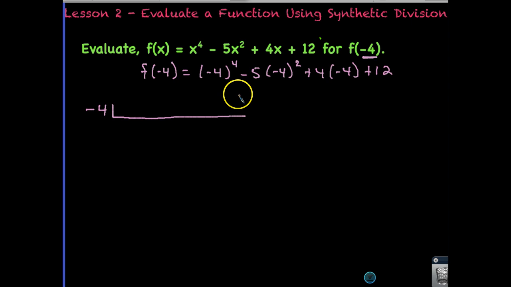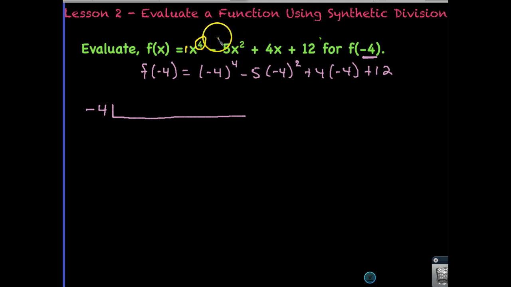But here's the trick. I need to make sure that I have a coefficient for every single term, starting with the largest term, which right here, let me circle that, is x to the 4th. So I do have a term for x to the 4th, and that would be 1. And then if I go down, numerically, I should have an x to the 3rd term. But notice that I do not. I go from x to the 4th to x squared.